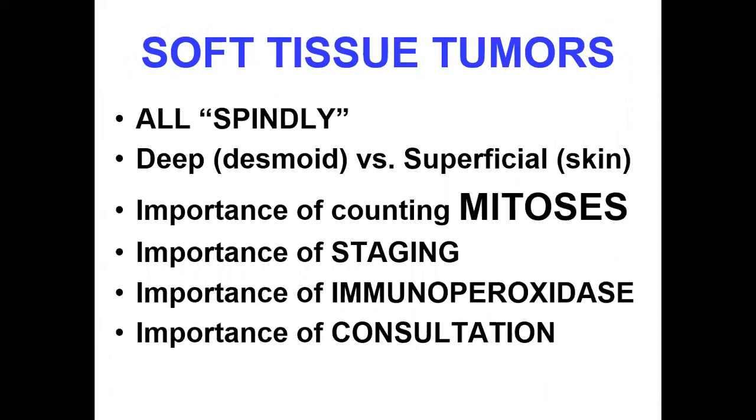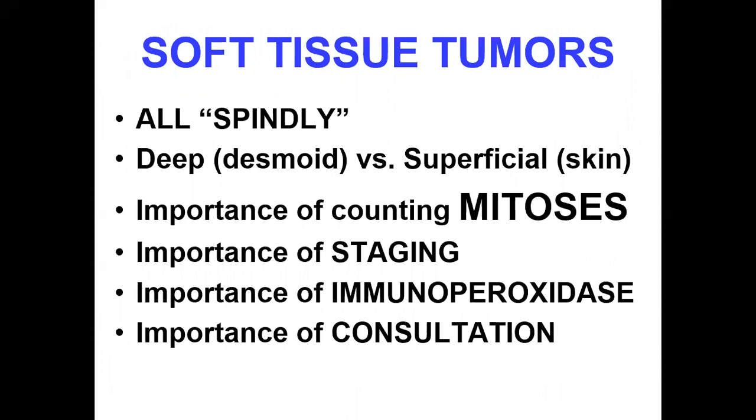All soft tissue sarcomas are composed of spindle-shaped cells, and some may be superficial in location, or sometimes they may be deep.